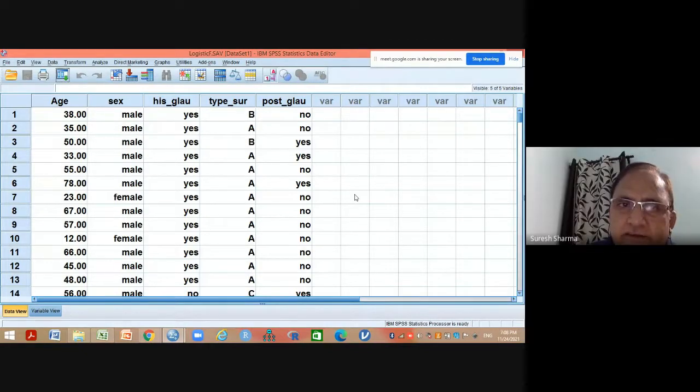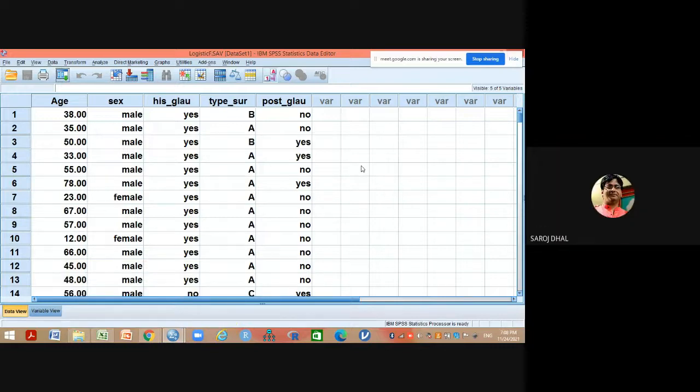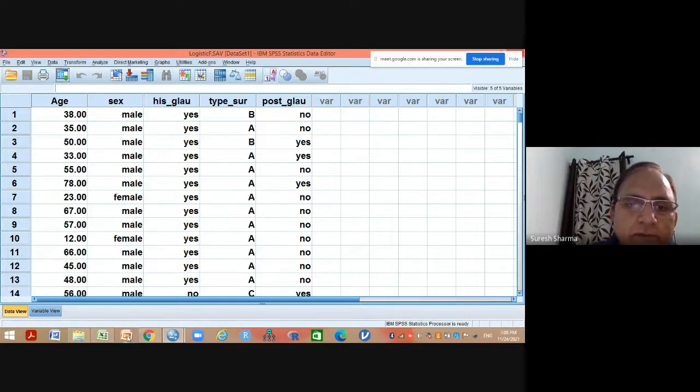Now let me just explain to you. Chi-square is applicable whenever you are involved with counting. So it's a counting of the data. If you see the slide I have shown you, counting how many males, how many females in post-PK glaucoma, yes, no, they have developed.